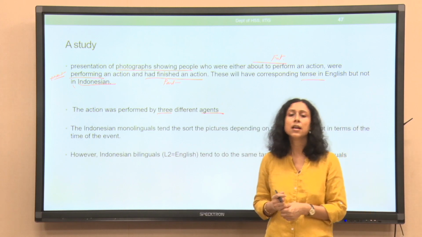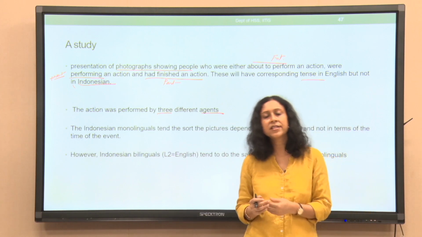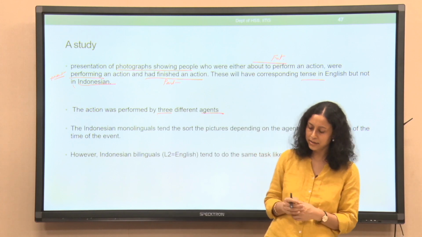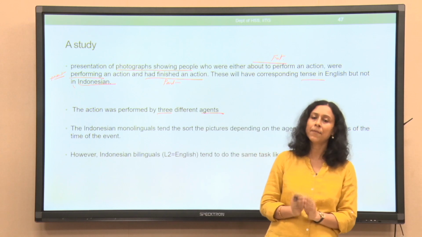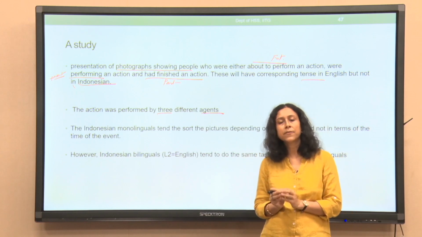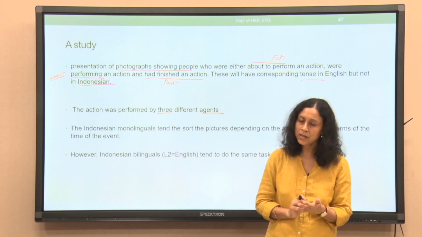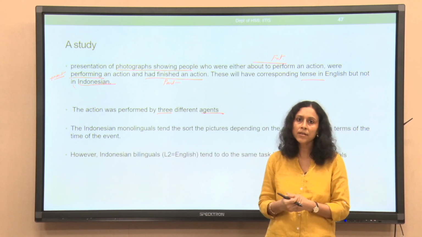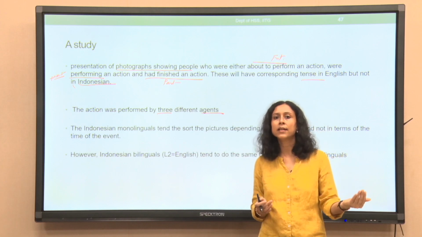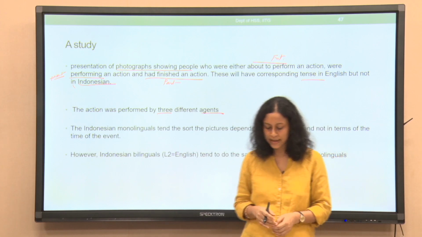In one case it was people wearing different colored football jerseys, in another case they were different people, and so on. These actions were differentiated in terms of when the action happened, and also in terms of the agents who performed them.